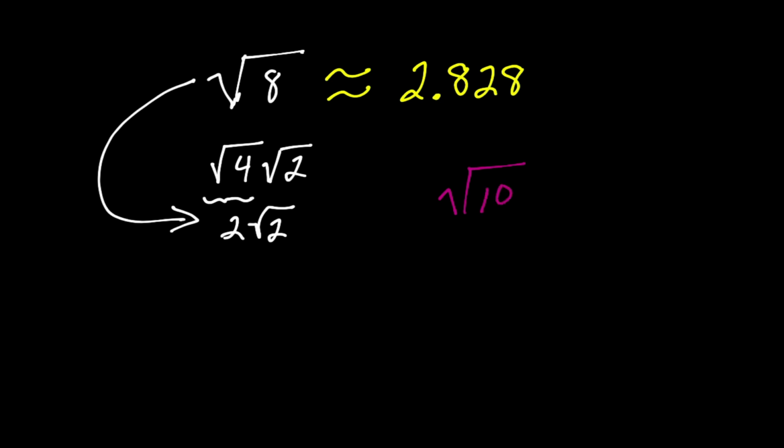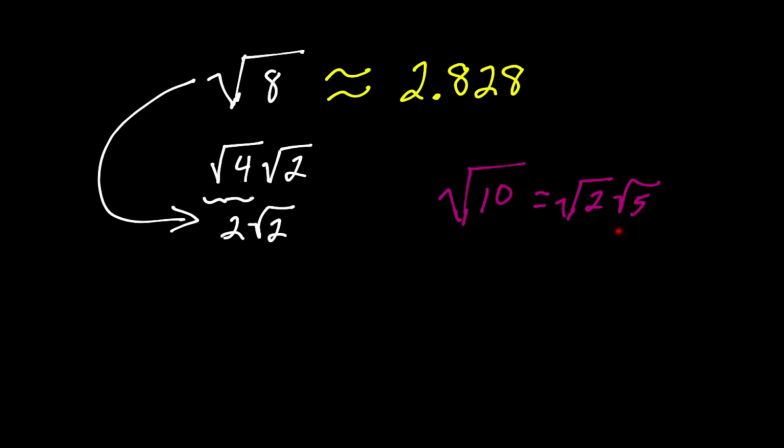A lot of times a student will think, well, that's an even number. It must simplify, right? But no, it doesn't, because the only factors of 10 happen to be 2 and 5, right? So 2 and 5 are 1 and 10, but square root of 1 is 1. So the square root of 2 times the square root of 5, even though this is equal to this, is not a simplification.